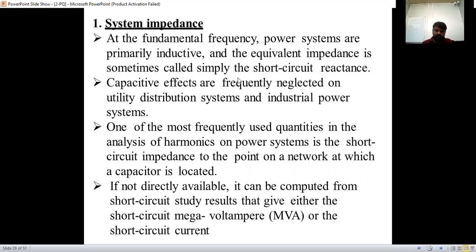In the short circuit impedance method we can use either the short circuit MVA or the short circuit current to characterize the system impedance.